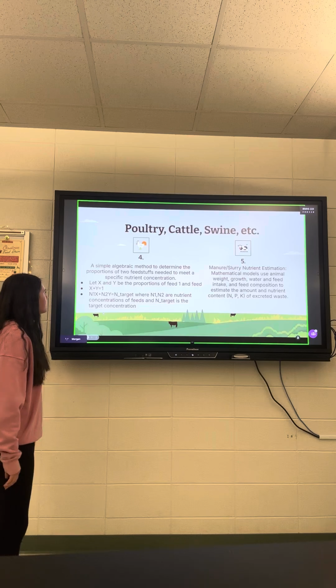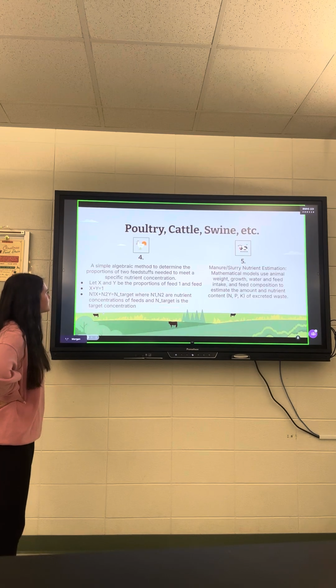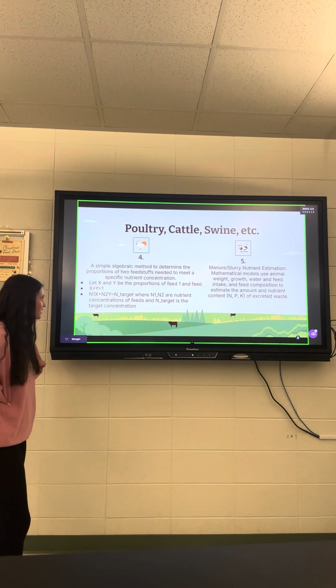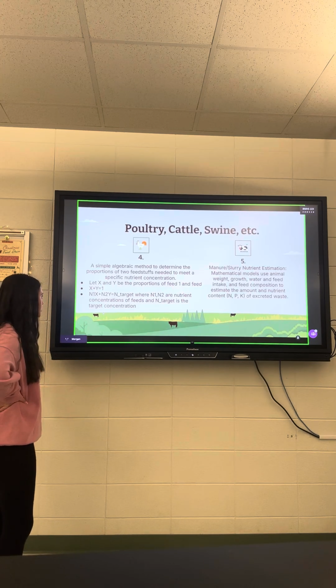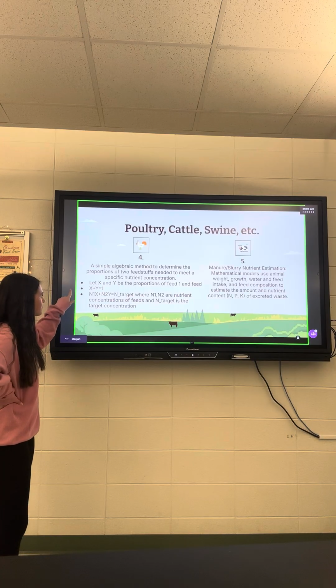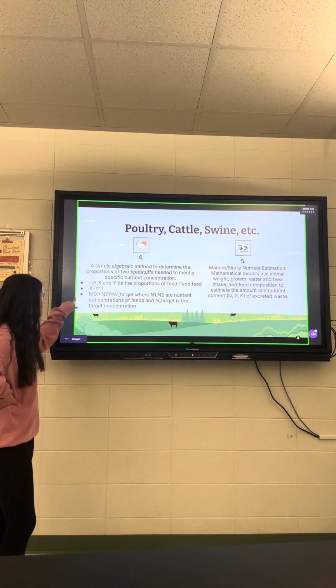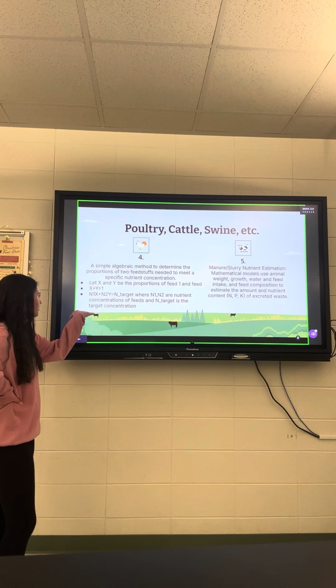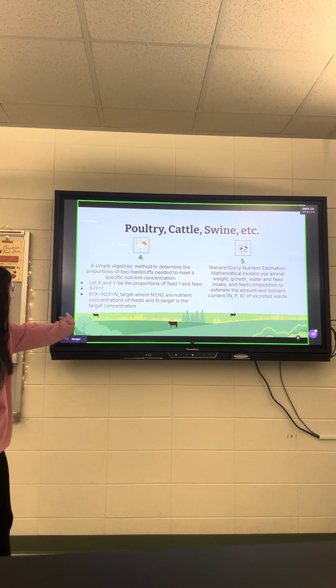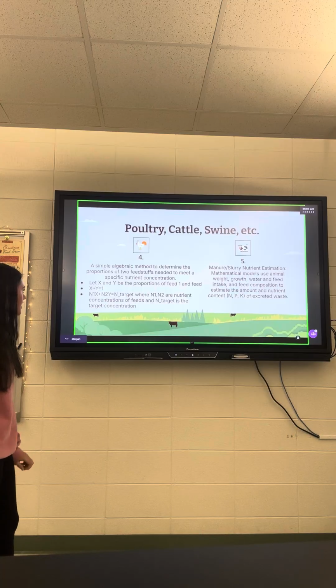A simple algebraic method to determine the proportions of two feedstuffs needed to meet a specific nutrient concentration: you let X and Y be the proportions of feed 1 and feed 2, so X + Y = 1, where N1 and N2 are nutrient concentrations of the feeds, and N target is the target concentration.